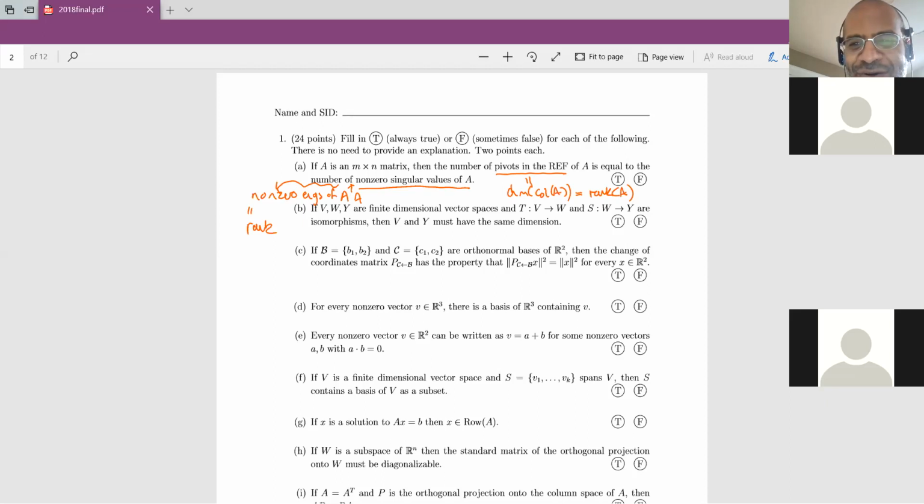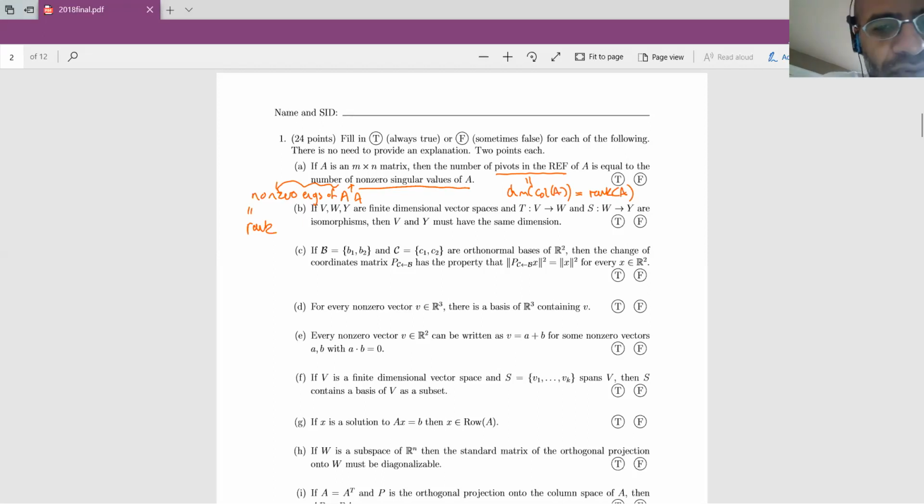Okay, so the number of non-zero singular values. What does SVD mean? Well, it means A v_i equals sigma_i u_i, right? And you have orthonormal bases v_i and u_i. And the number of non-zero singular values is exactly the number of v_i for which this holds, right?